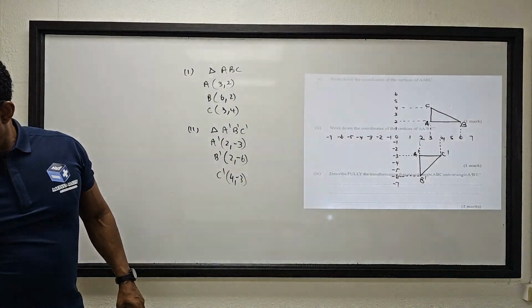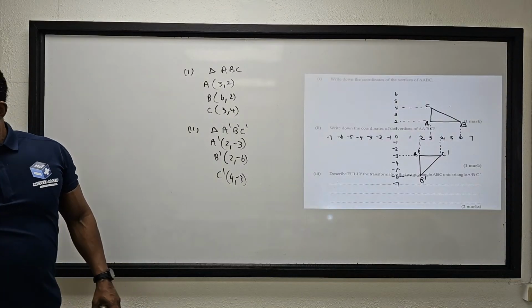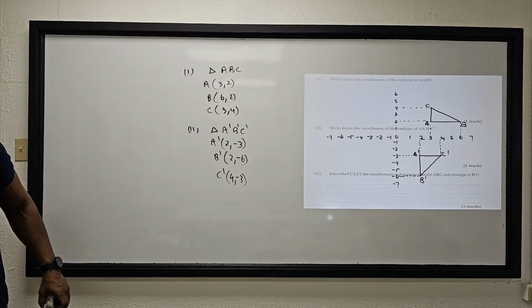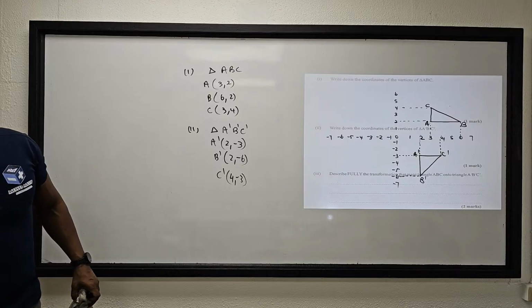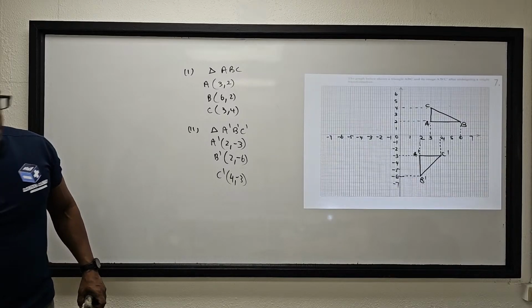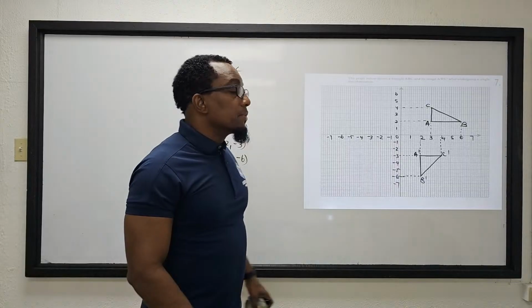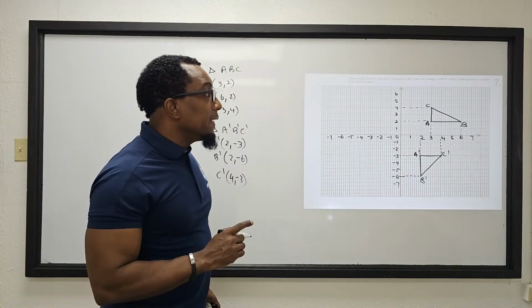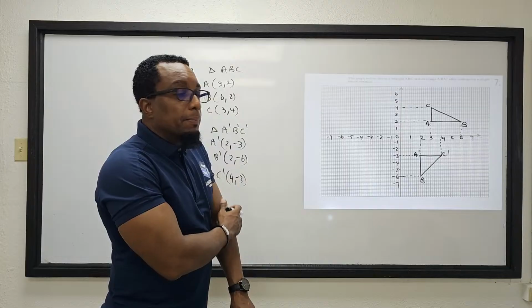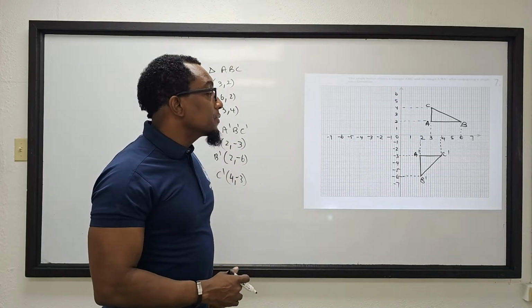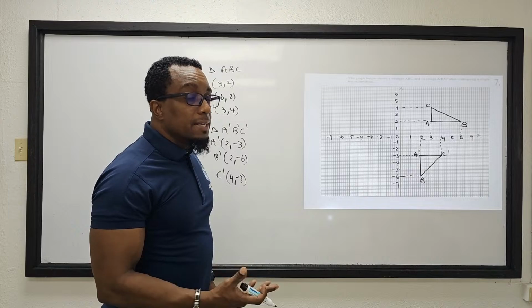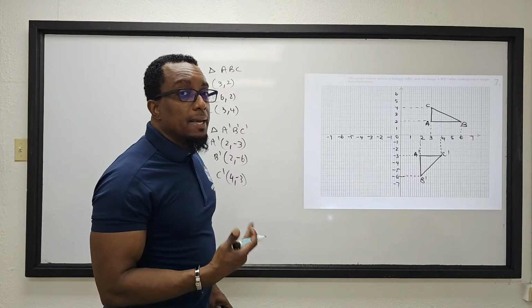And they ask us now to describe fully the transformation that maps triangle ABC onto triangle A prime, B prime, C prime. So what is the form of transformation? This clearly is a rotation. It can't be translation, reflection, or enlargement.